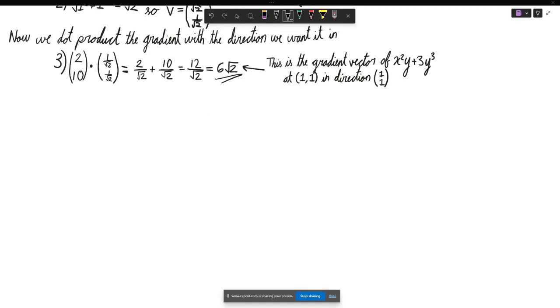All right, cool. So we are using x squared plus y squared minus z squared, and we're also finding it for 1, 2, 3 in direction 2, 2, 1. Right, okay.